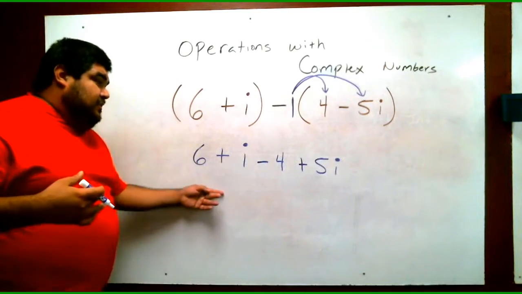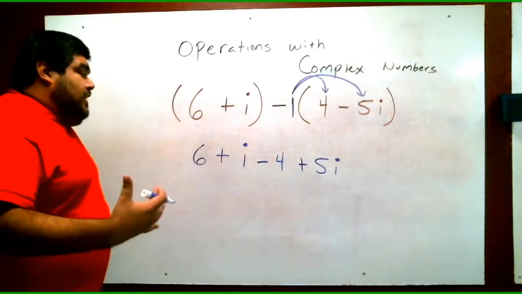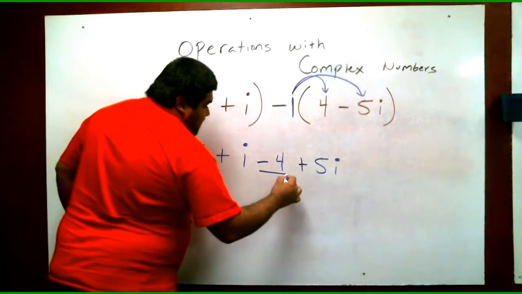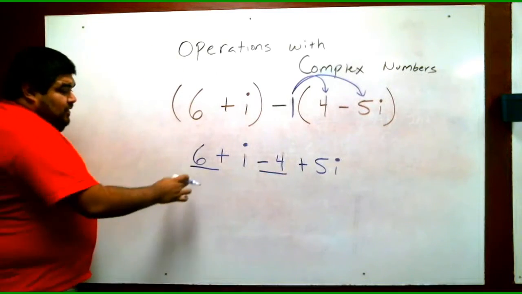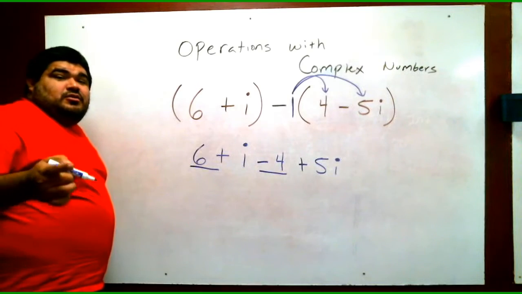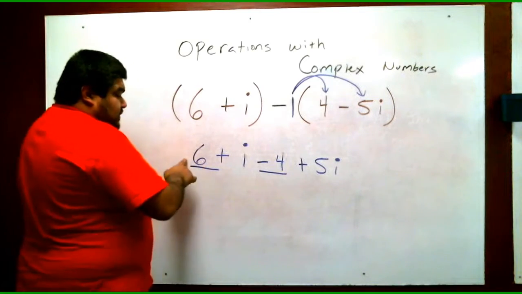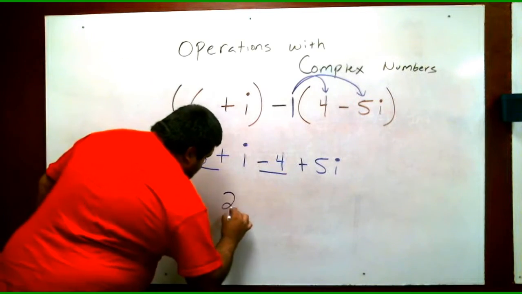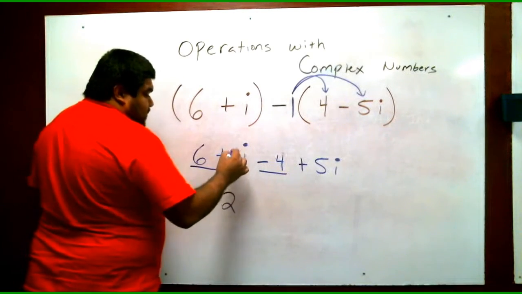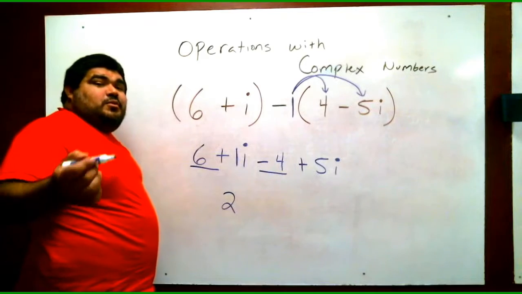Again, now that we have it in the simple form, we can actually start combining like terms. Again, we have 6. This time we have a negative 4. We have 6 minus 4, which is positive 2 because 6 is bigger. So we have 2. This time, again, we have a 1. When there's no number next to a variable, it's always a 1.